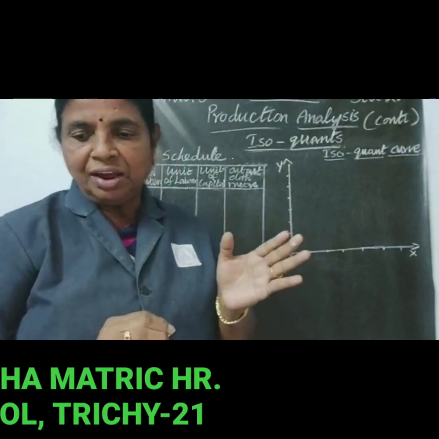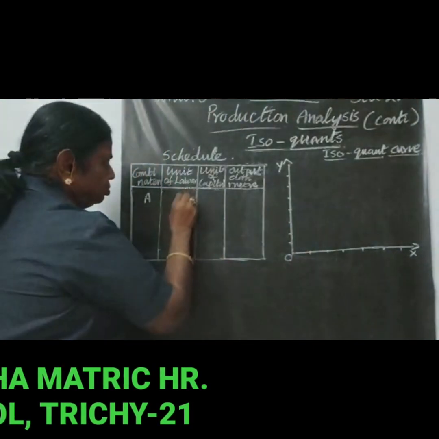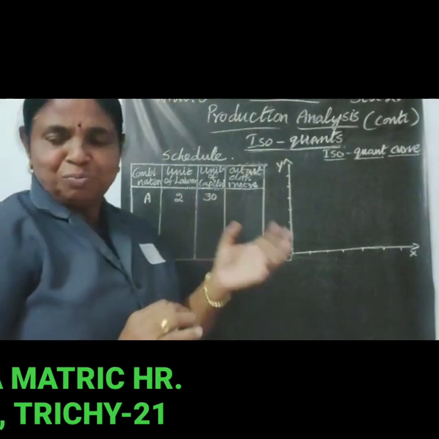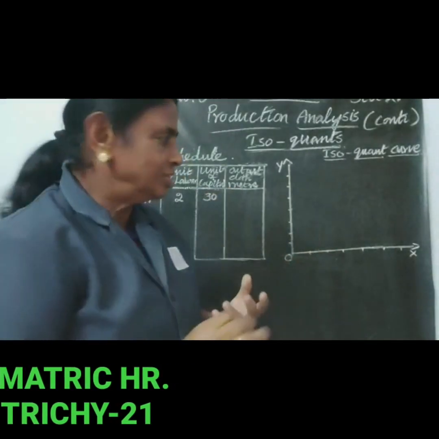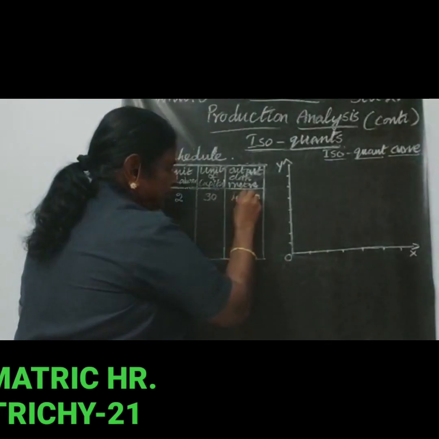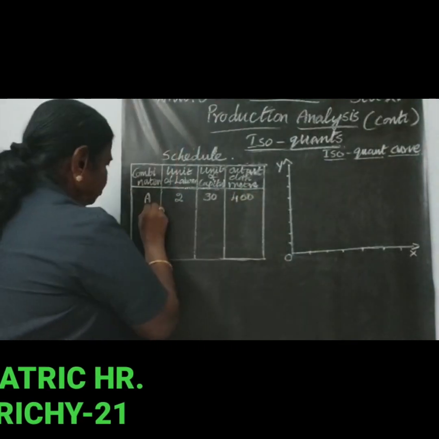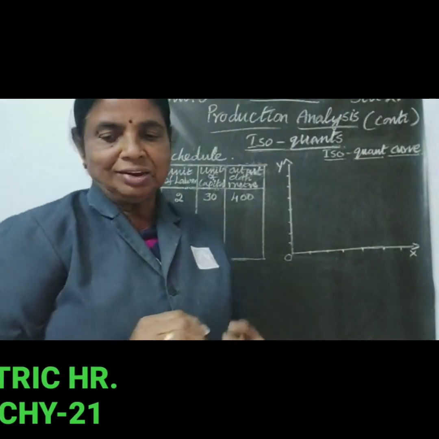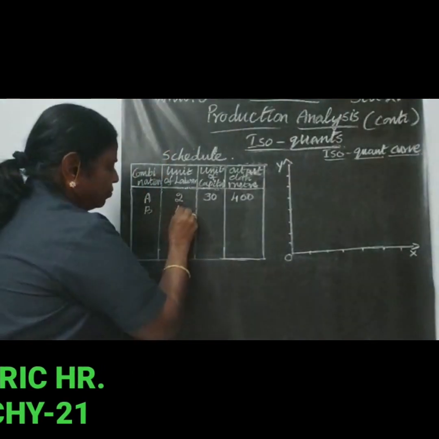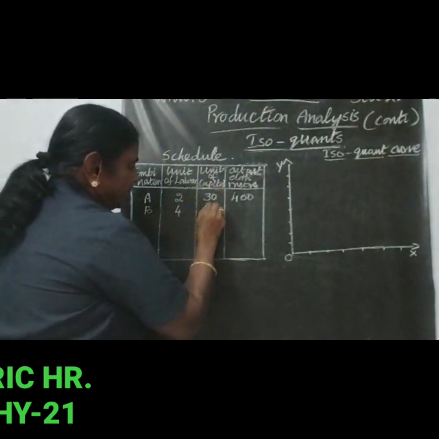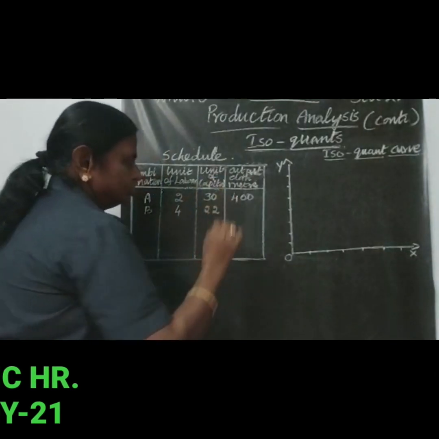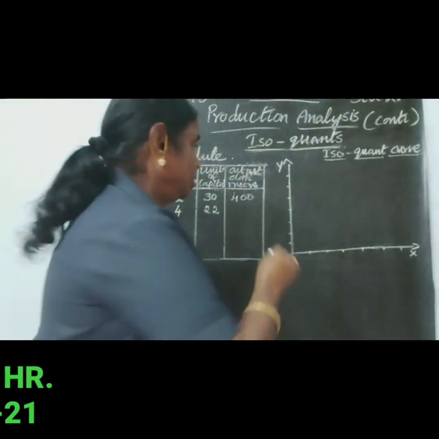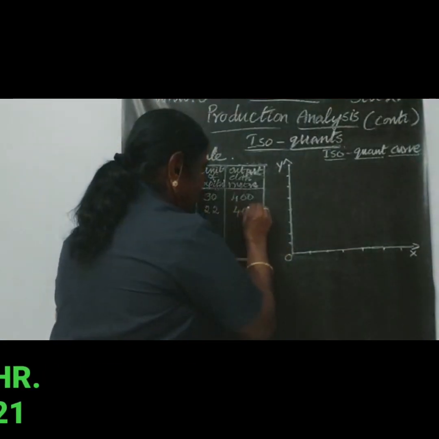Combination A: unit of labor 2, unit of capital 30, and output of cloth 400 meters. Combination B: unit of labor increases to 4, but unit of capital decreases to 22, and the same output of 400.